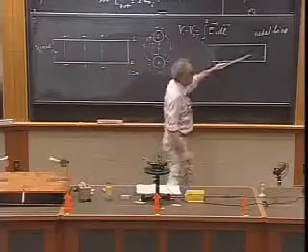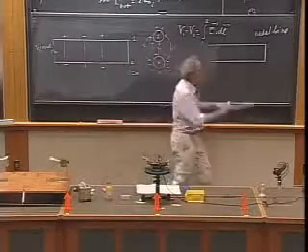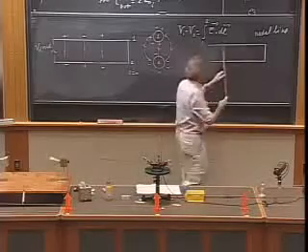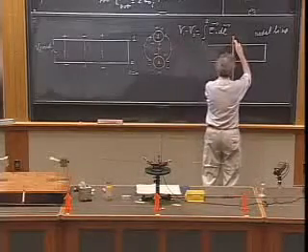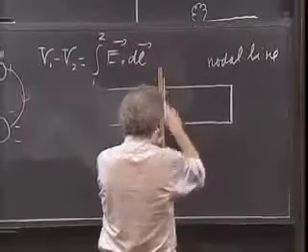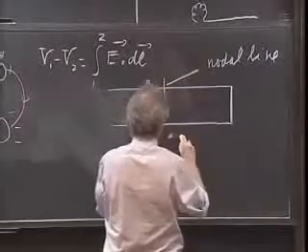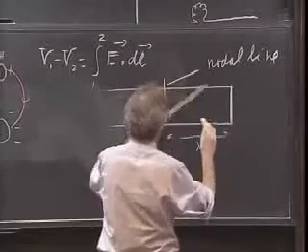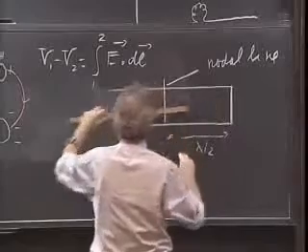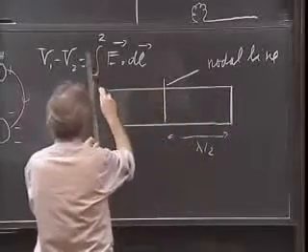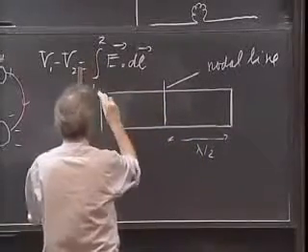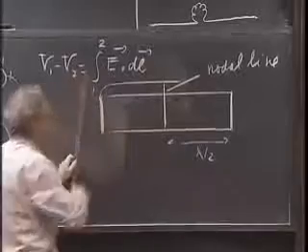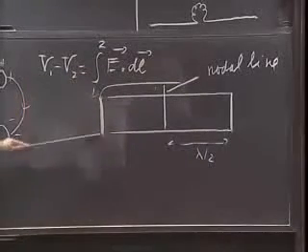But since I get a standing wave here, incident wave and reflected wave, right here, there is another nodal line. And this distance then is 1/2 lambda. And right here, there is another nodal line. And the electric field here along this line is everywhere 0.